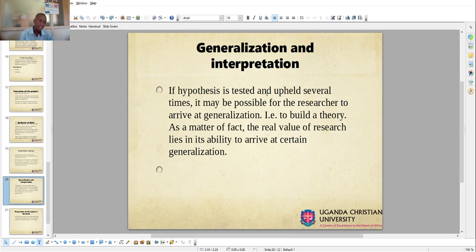Generalization means if I find from the 310 that attending classes has a positive relationship with performance, then I will conclude that for all the BBC students, attending classes has a positive relationship with performance.